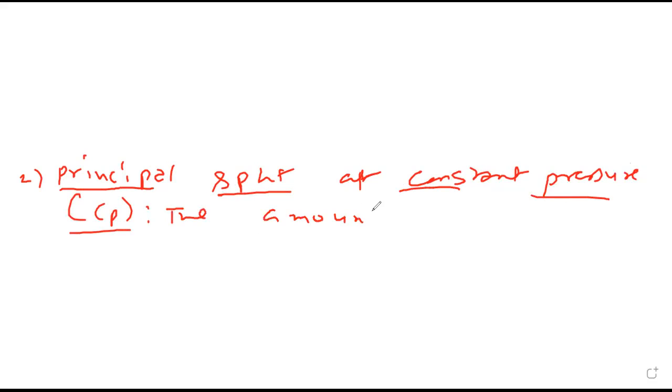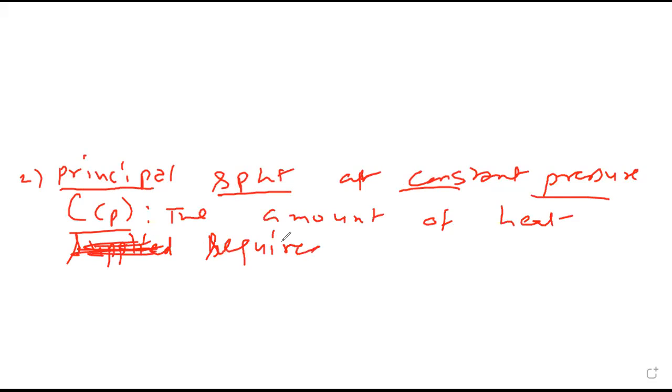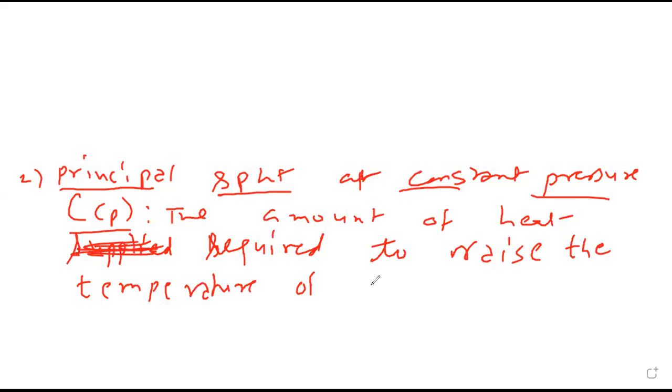The amount of heat supplied, amount of heat required to raise the temperature of unit mass of gas. Only specific heat we were telling for substance, because it is principal specific heat at constant pressure in case of gas.